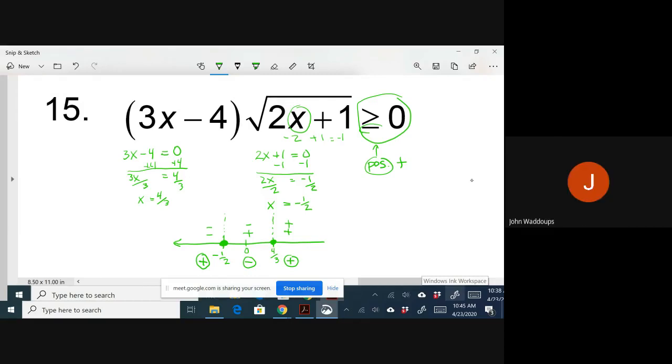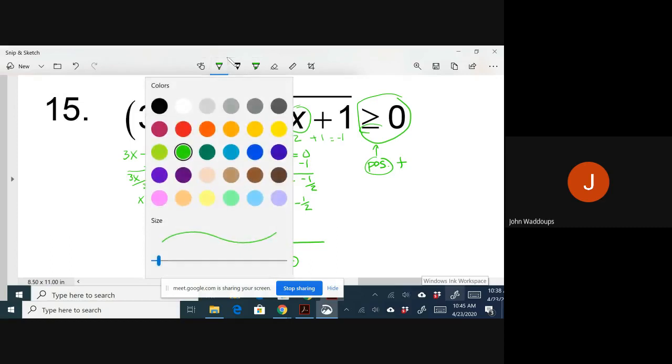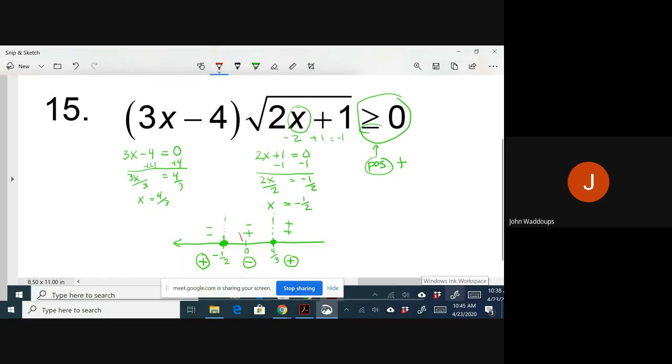Now 0, let me use a different color to call your attention to this. 0 is in this interval between negative 1/2 and 4/3. If I put 0 up here, I get the square root of 1, which is 1, and 0 times 3 would be 0. 0 minus 4 is negative 4.